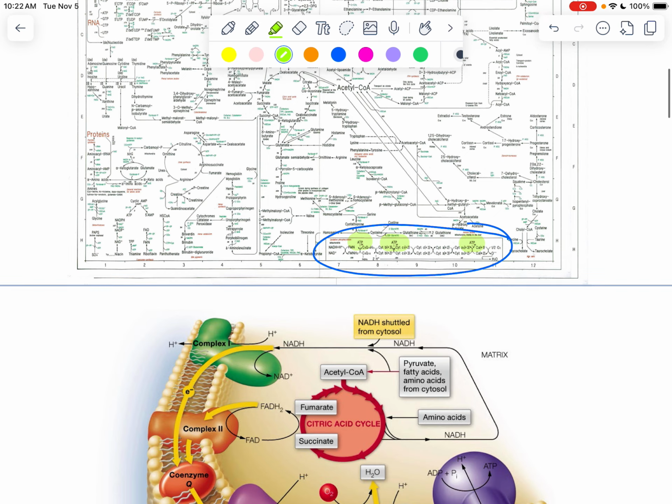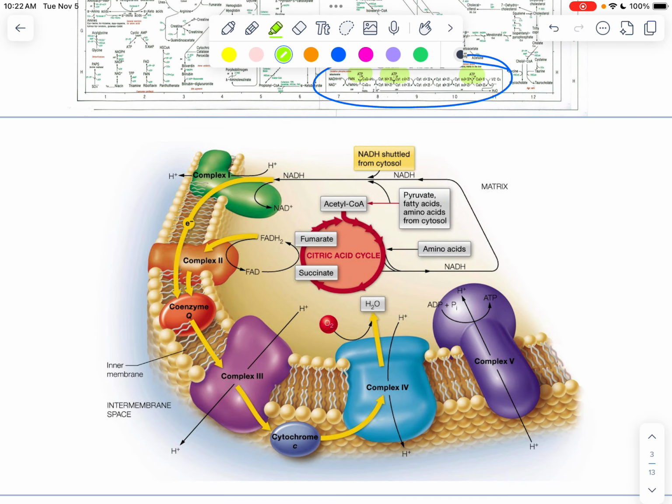All right, so let's review first the citric acid cycle. Let me grab that pointer. So the citric acid cycle right here oxidized the acetyl fragment of acetyl-CoA to give us that carbon dioxide. And in the process of that oxidation, we captured a lot of high energy electrons in the form of NADH, okay, which we see, and FADH2.